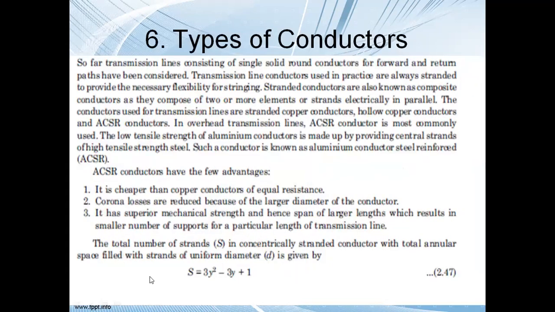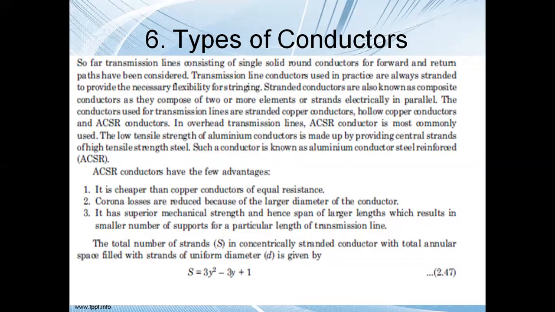Now, these ACSR conductors have a few advantages. It is cheaper than the copper conductors. Normally, the aluminum conductor is cheaper than copper. Corona losses, this is very, very important. We'll come to it later on. In electrical engineering, corona is something different, but we'll definitely study it.